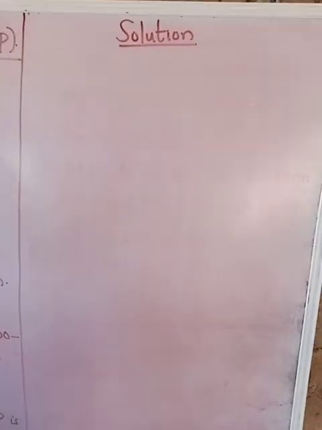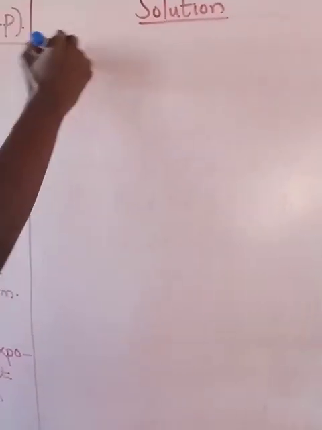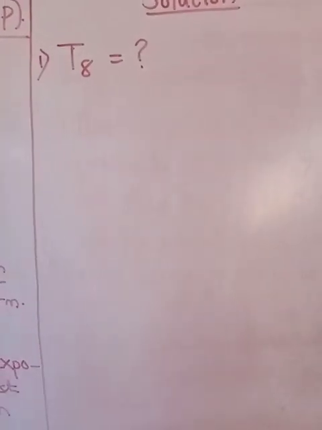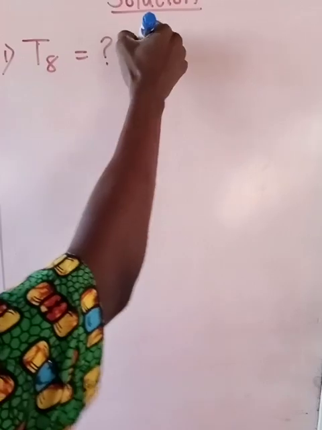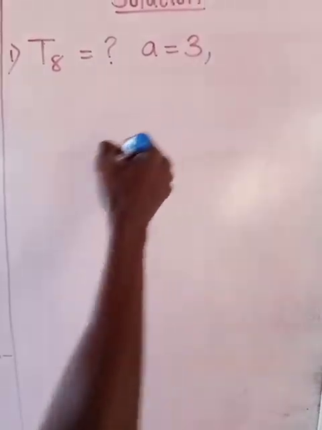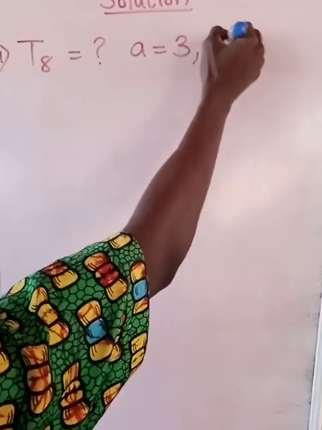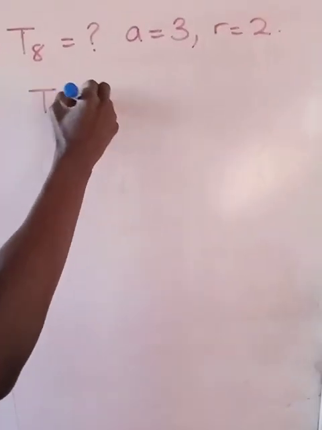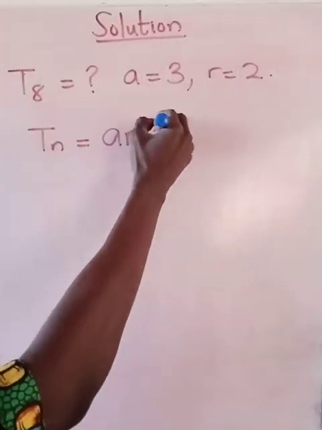We have to find the eighth term, T8, which we don't know now. The first term, A, has been given to be 3, and the common ratio, R, has been given to be 2. You know the formula: Tn equals AR raised to power n minus 1.